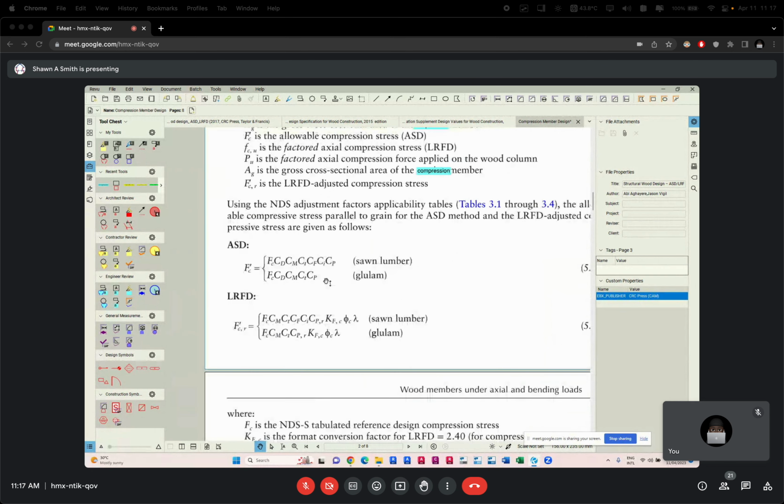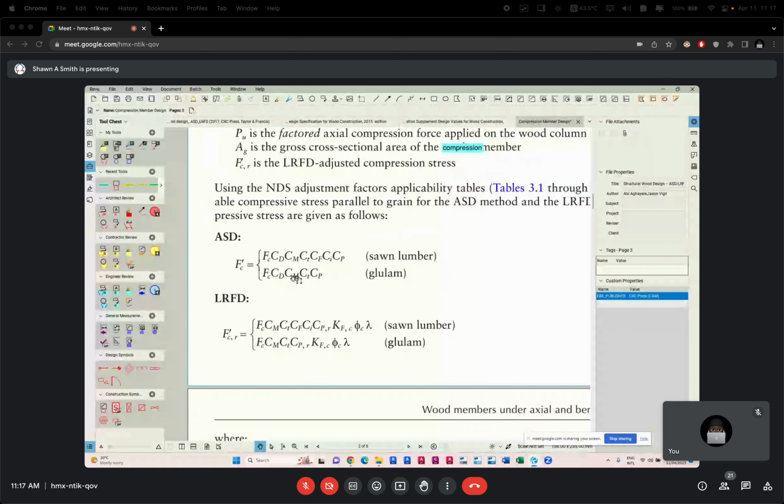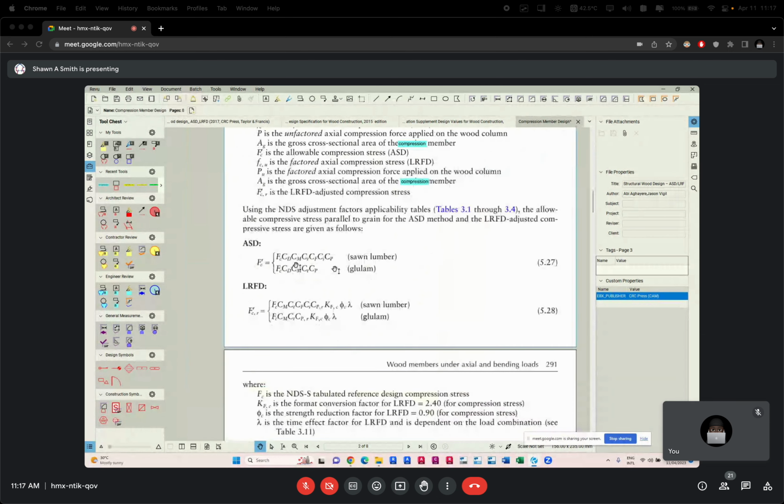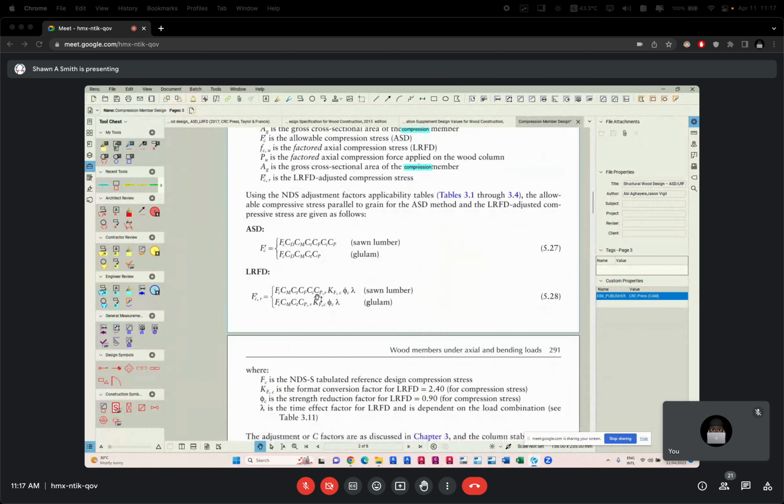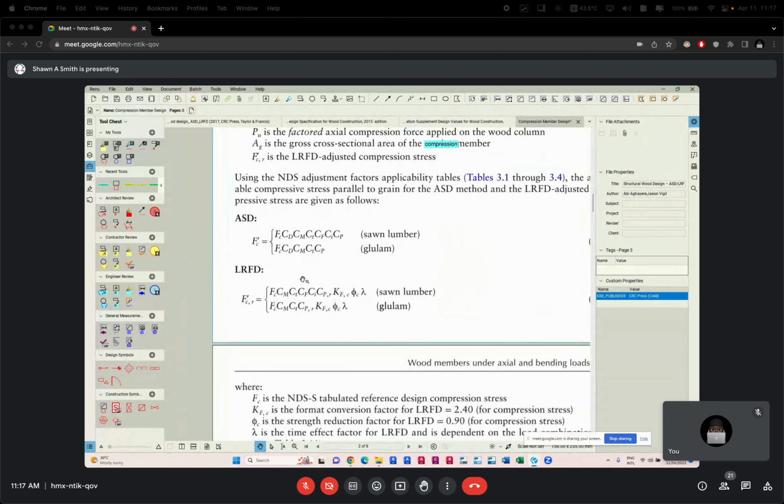For glue laminated, these, because there are some things which are not applied for glue laminated. I think I sent you something like this last week for beams. Now you get them for timber. For column, sorry, you'll be using these.